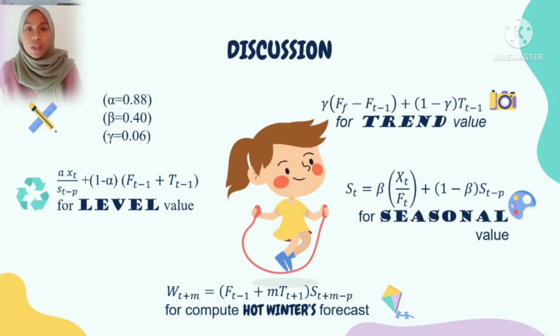For the seasonality estimate, it equals smoothing constant for the seasonality estimate, open bracket actual value divided by smoothed value for the time period close bracket, plus open bracket 1 minus smoothing constant close bracket, seasonality estimate minus P. To compute the Holt-Winters forecast value, it equals open bracket smoothed value for the period plus number of periods ahead to be forecast times trend estimate close bracket, multiplied by the seasonality estimate plus number of periods ahead to be forecast minus P. In this slide, I put the formula more clearly and easy to use for the Holt-Winters forecast.